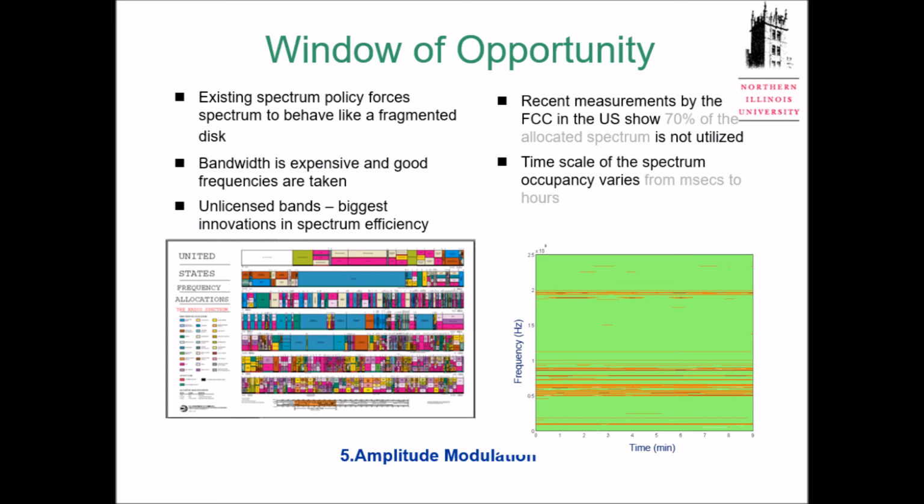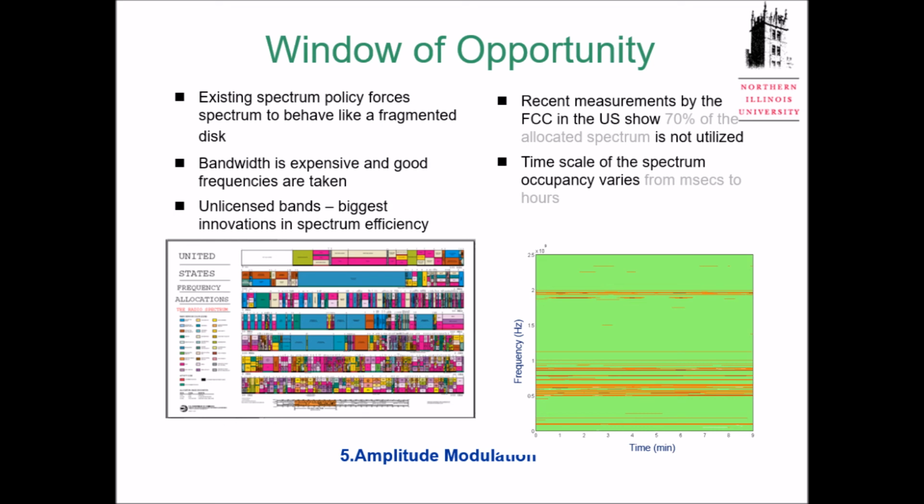So can we use it? Now people talk about smart radio, software-defined radio or cognitive radio. If you have cognitive radio, you can use those bands that nobody is using right now. Even though they paid, they don't use it, so you can use it. About 70% of the spectrum already paid for by somebody else is not utilized.